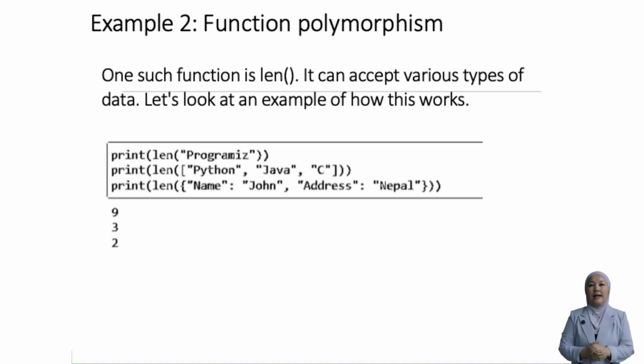Pass it a list, and it returns the number of elements. Pass it a dictionary, and it returns the number of key-value pairs. Internally, len works by calling a special method named __len__ that each of these object types defines. This consistent interface, despite different underlying implementations, is the essence of polymorphism.